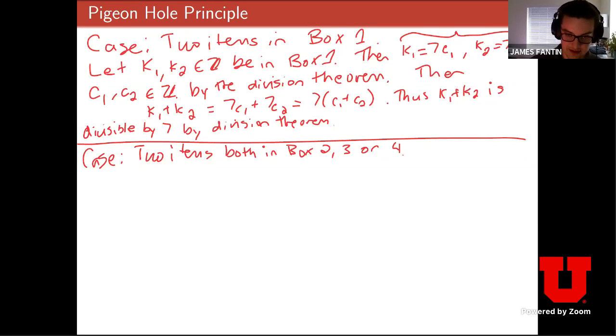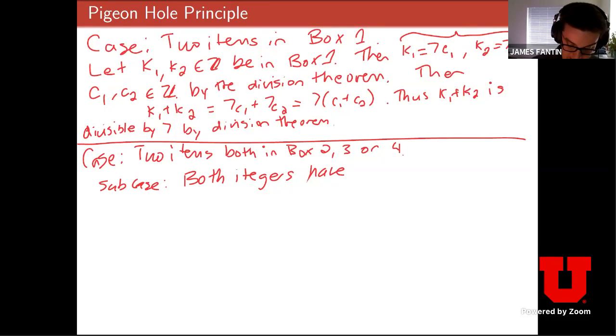So let's do the first case. We kind of have a subcase here. Both integers have the same remainder when divided by 7.